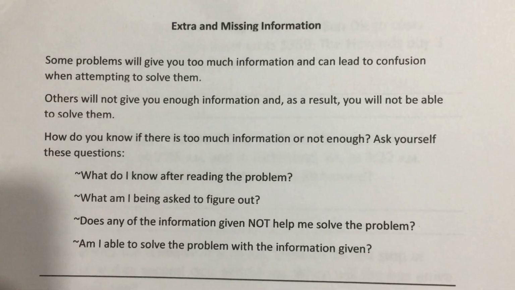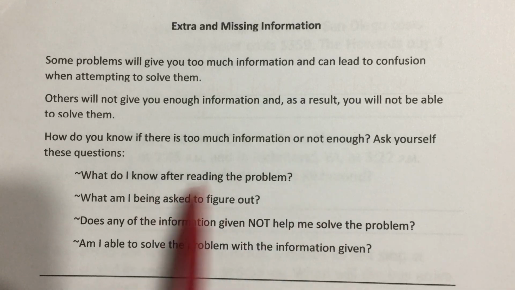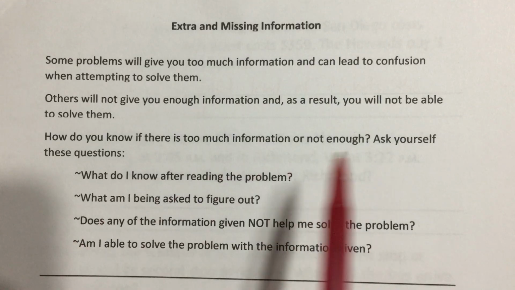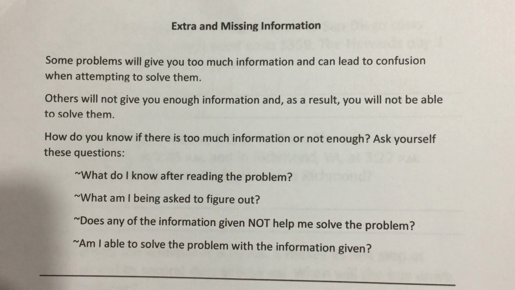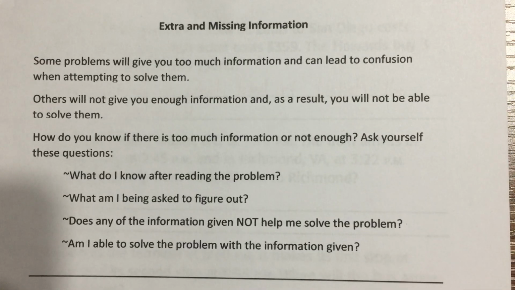All right. So, the important things, okay, when you are trying to figure out if there's any extra or missing information, figure out, what do I know? After reading the whole thing, what do I know? What am I being asked to figure out? Does any of the information that they gave me not help me at all? Is there anything that seems like it doesn't really fit with the rest of the information?